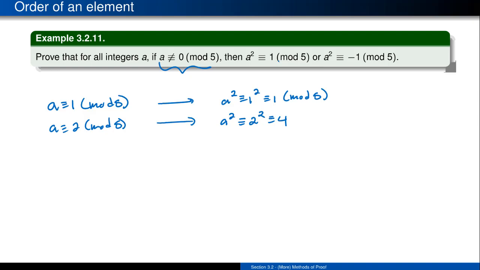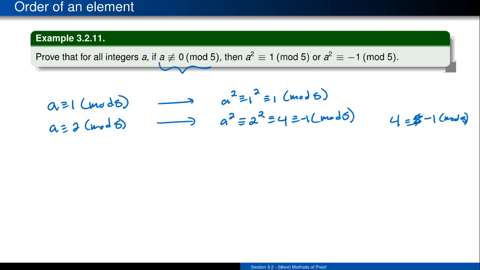If you take that 4 and subtract a 5 from it, it brings you down to negative 1. Or you can think of 4 as equal to 5 minus 1, so when I do the modulo 5 stuff, that 5 disappears, and these things are congruent mod 5. So I do end up kicking out that negative 1, which is good.